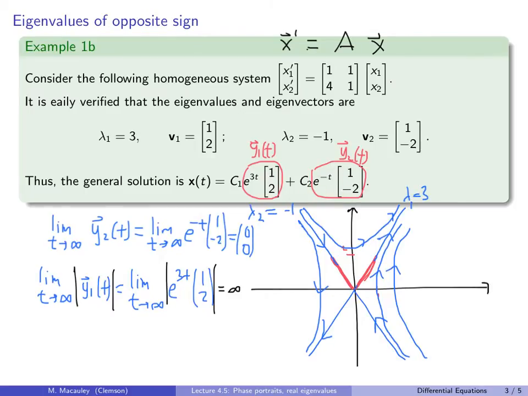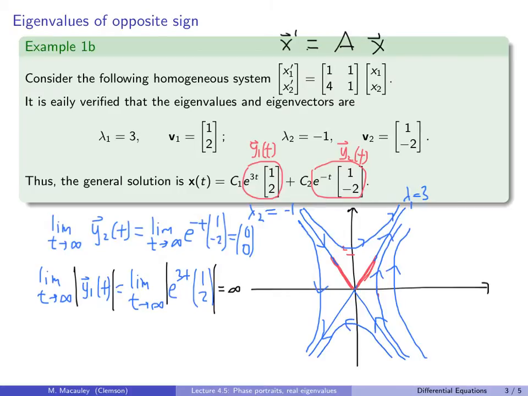So t doesn't have to be that large to make this term negligible, and then your solution is almost on this line. It's in this direction. So for moderate to large values of t, we're almost on this line, and conversely, for negative values of t, so if t equals -2, -3, -4, this term is negligible and this term dominates, so we're over here.